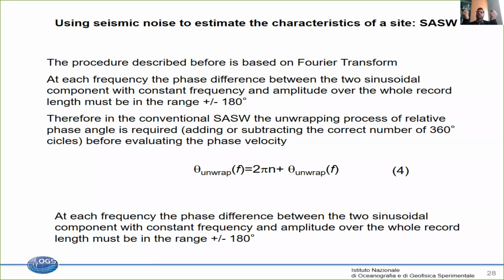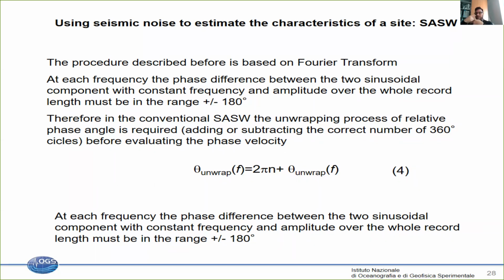Just imagine if your signal has a small wavelength, like we have seen in the first lecture. Remember, we showed the equivalence between frequency and wavelength and so on. So if you have a small wavelength signal, but a large distance between the geophones, the signal will propagate from one geophone to the other, making more than one cycle.